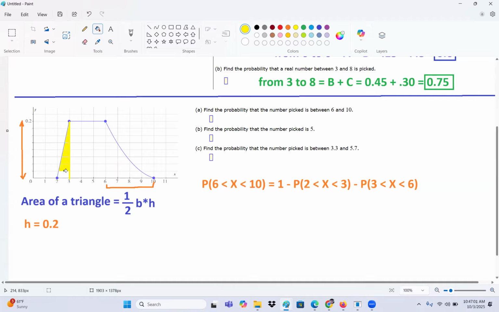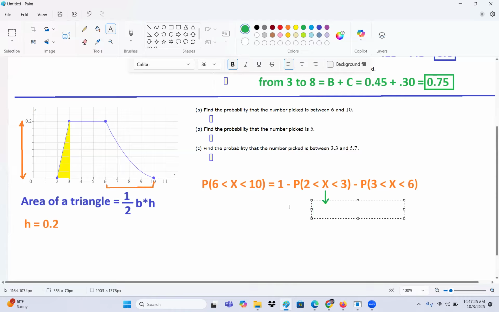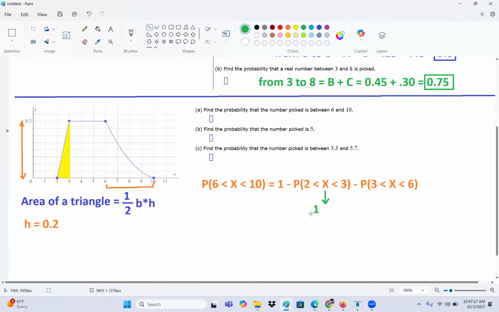All right, so we're going to fill in the triangle right here. The area for that, like I said, is 1/2 times the base times the height. So we simply take the highest point, 0.2.